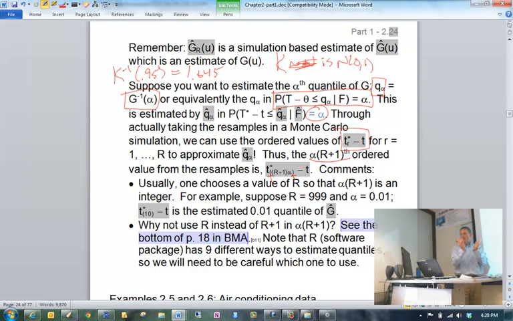So what this represents is that you find the R plus 1 times alpha order value of t star, subtract off t, and that's your estimate of the alpha quantile. For example, let's say that capital R equals 999. Then if alpha is 0.01, that says simply find the 10th smallest t star of all your resamples, subtract off t, and there you have an estimate of the 0.01 quantile from g hat.